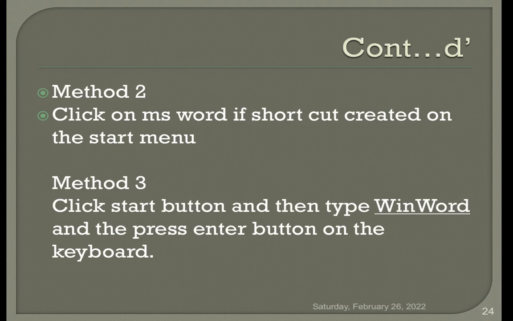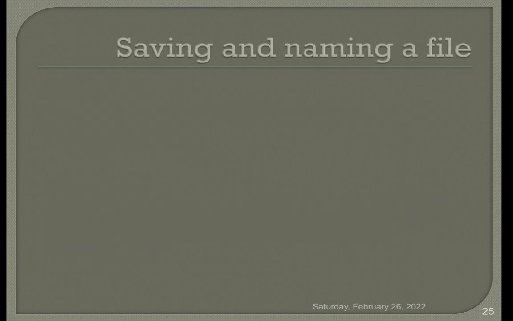You type it in small letters and then press enter. It will open the document. It saves us from wasting time and from raising a hand to say you're not seeing Office Word there. So those are the three methods you can use, and then you start.